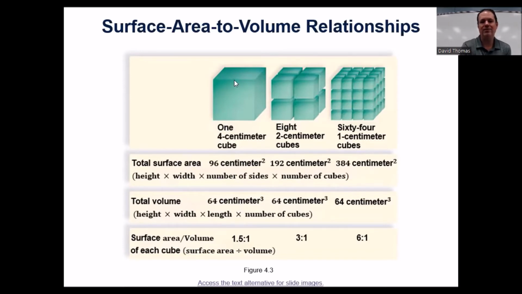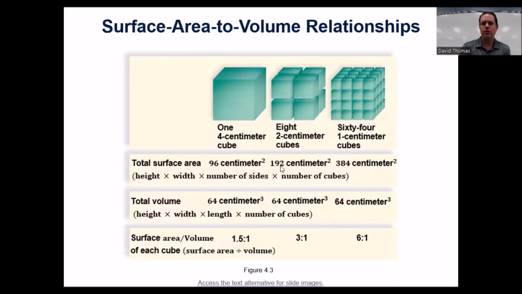Let's say you take the same cube and divide it into 8 individual smaller cubes. Notice that the volume hasn't changed, but I've made much more surface area exposed. Now the surface area has drastically increased up to 192.